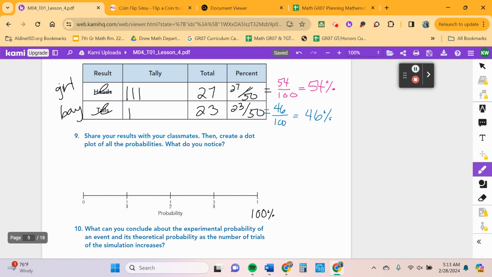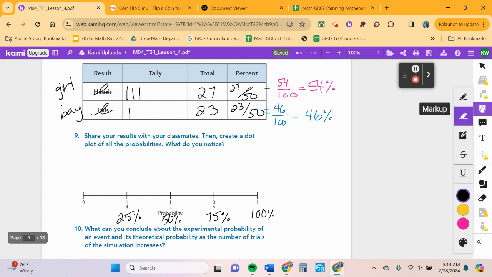How many quarters make a dollar? 4. So 1/4 would give me 25 cents or 25%. 2/4, 1/2 would give me 50 cents or 50%. And then 3 would give me 75. And then we can estimate where our numbers fall on that scale a little bit easier.